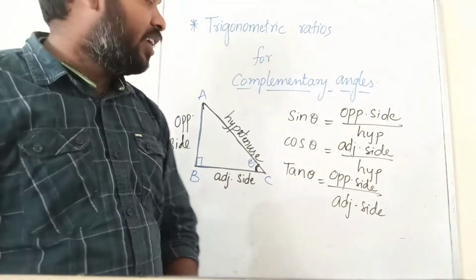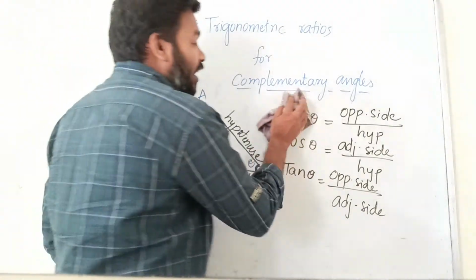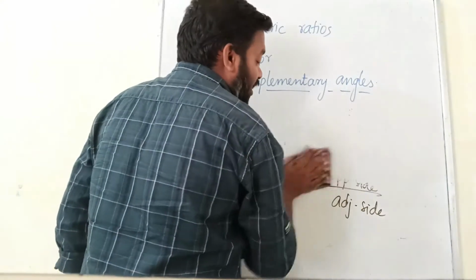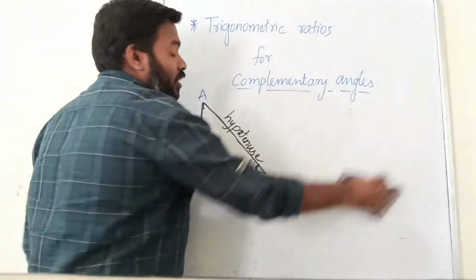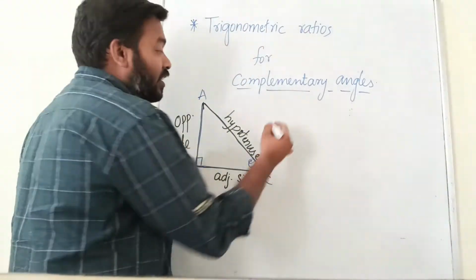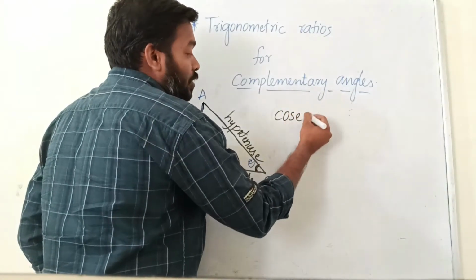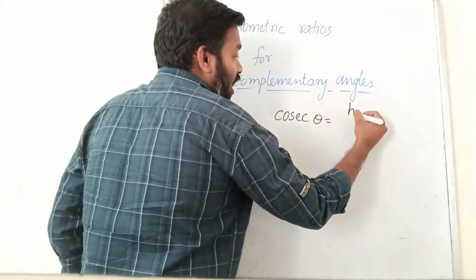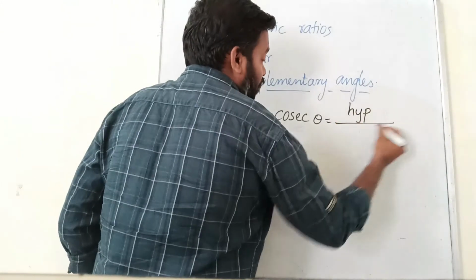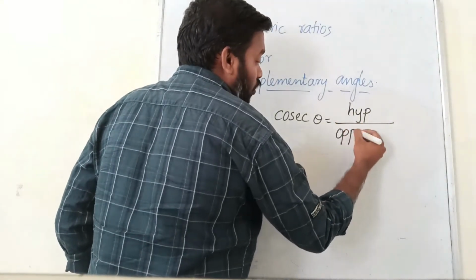And the other three ratios are cosecant theta, secant theta and cot theta. Cosecant theta is the reciprocal of sine theta, that is hypotenuse by opposite side to theta.